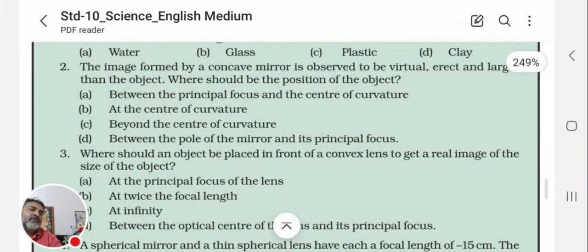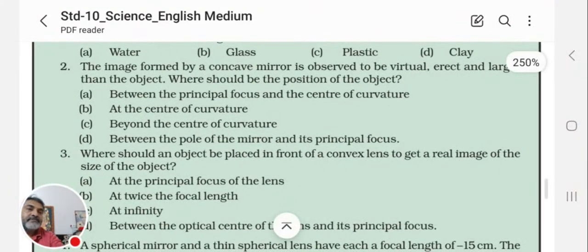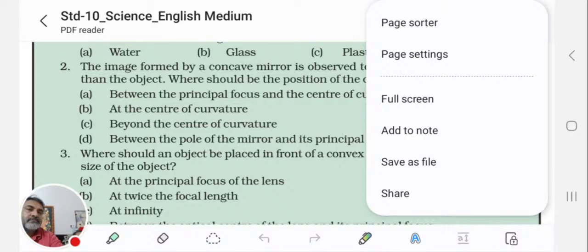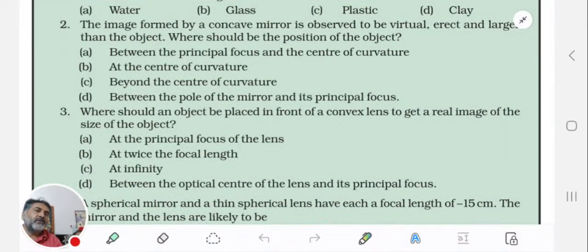Question number 2: the image formed by a concave mirror is observed to be virtual, erect and larger than the object.